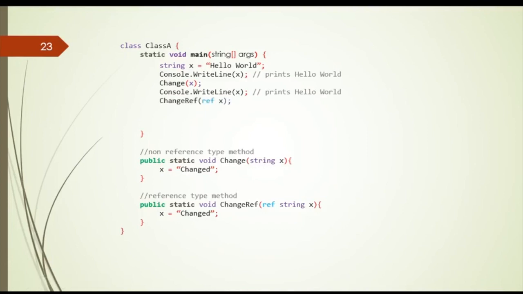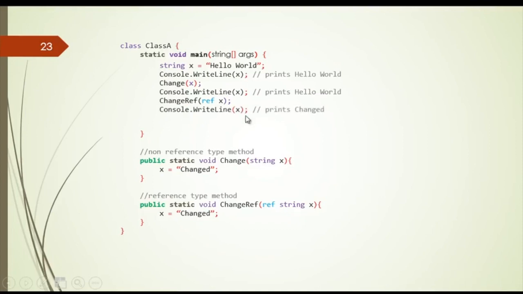Next, I'm passing my x to a change ref function, which is a reference type function. If you know the ref keyword in Visual C#, ref really lets you change anything. If you pass an integer with the ref keyword, and after that you modify the integer, you will have the modified integer after the function is executed.